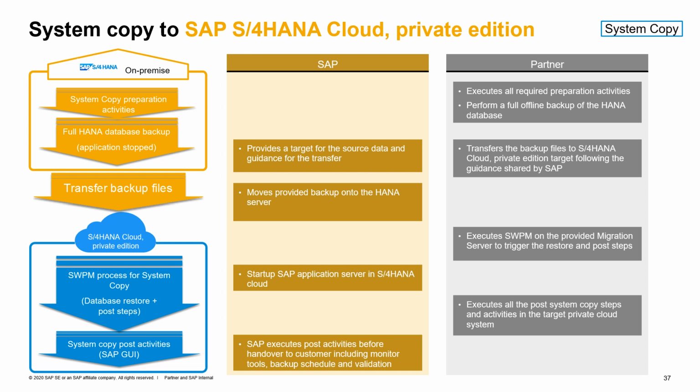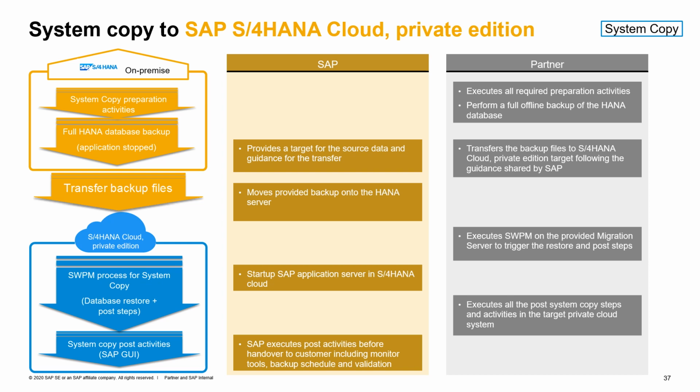Then SAP will move all the provided backup files onto the HANA server. You will then execute the Software Provisioning Manager on the provided migration server so that you can trigger the overall system copy procedure from the Software Provisioning Manager itself, and also restore the database on the HANA database of the system you want to copy.